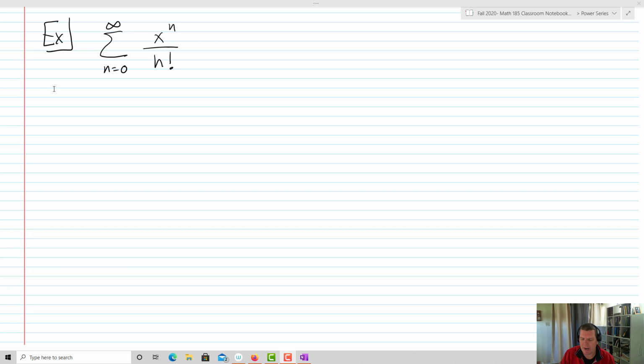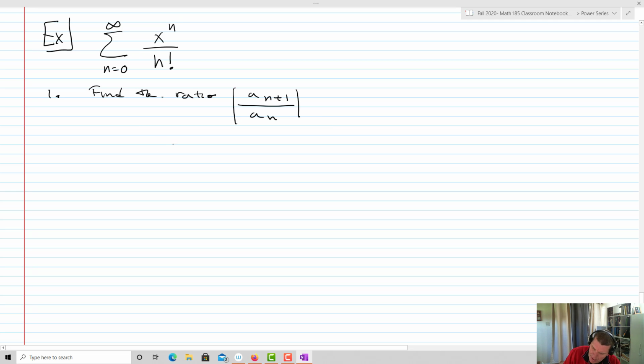So what I'm going to do is I'm going to first use the ratio test or find the ratio, a to the n plus 1 over a to the n in absolute value. And so that's going to end up equaling x to the n plus 1 over n plus 1 factorial divided by x to the n divided by n factorial.